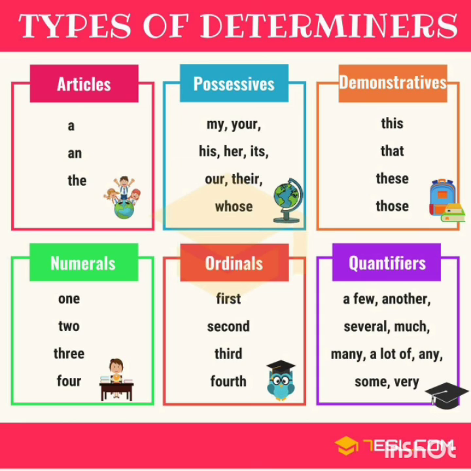Common kinds of determiners include the articles a and an, demonstratives this and that, possessive adjectives my, his, and her, quantifiers a few, some, many, several, numerals 1, 2, 3, 4, 5, and ordinals first, second, and third.